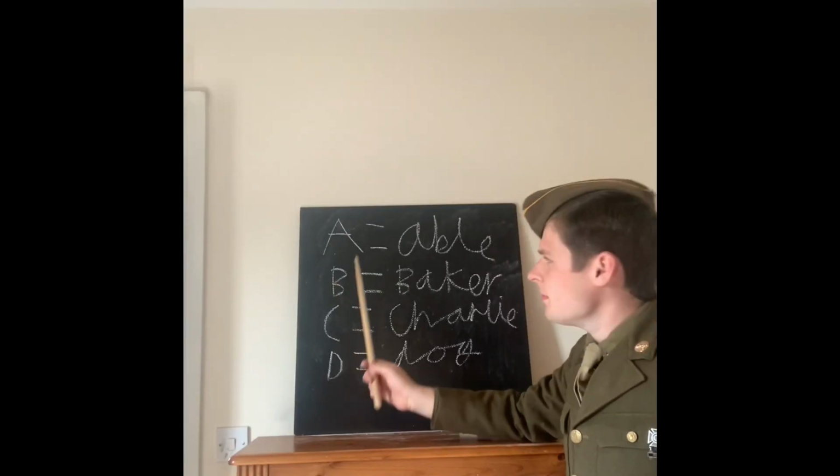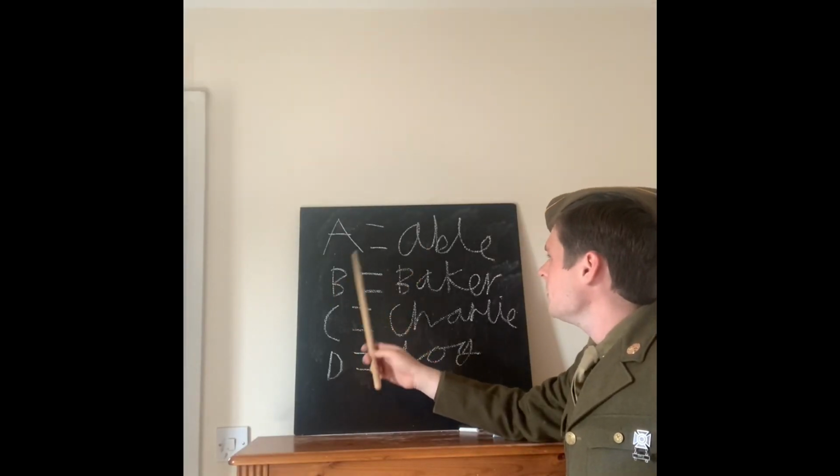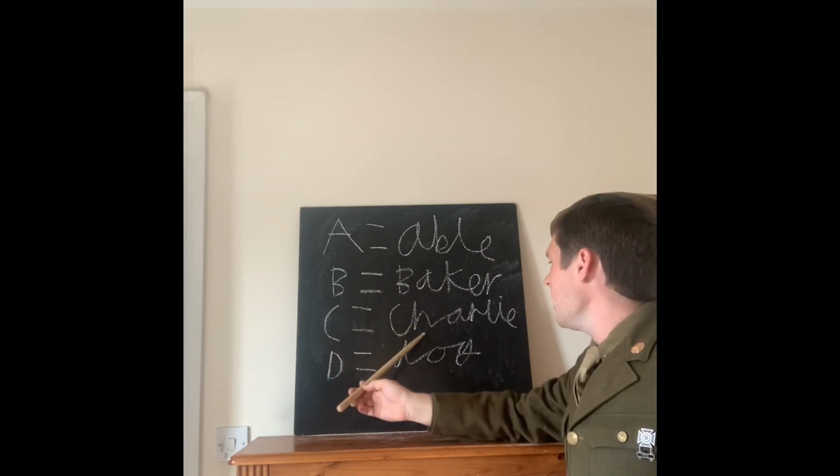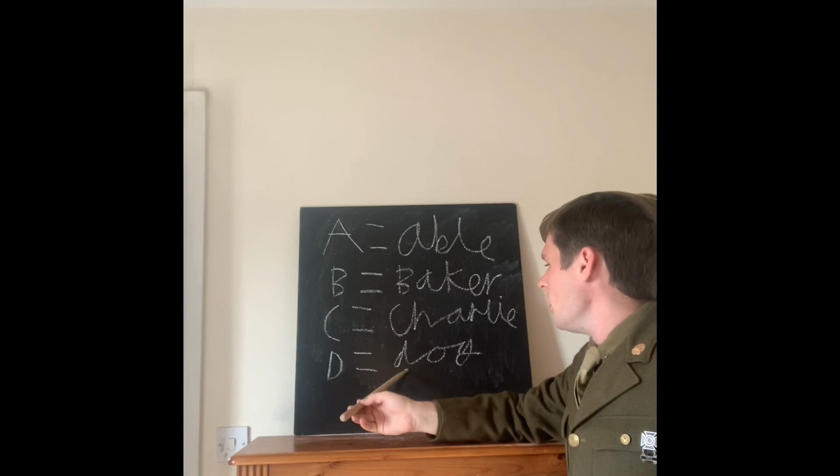So for starters, A is for Able, B is for Baker, C is for Charlie, and D is for Dog.